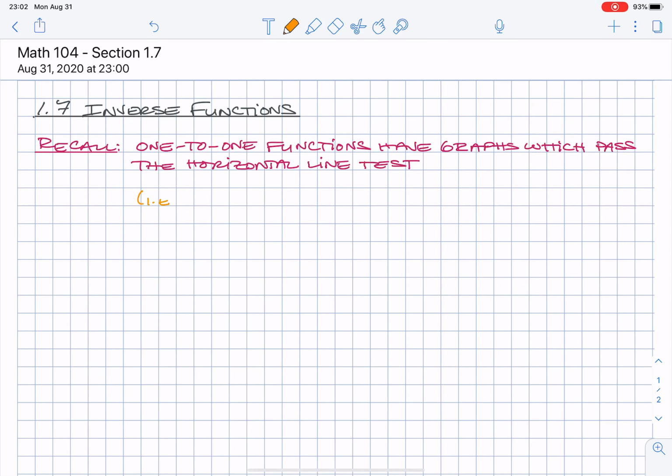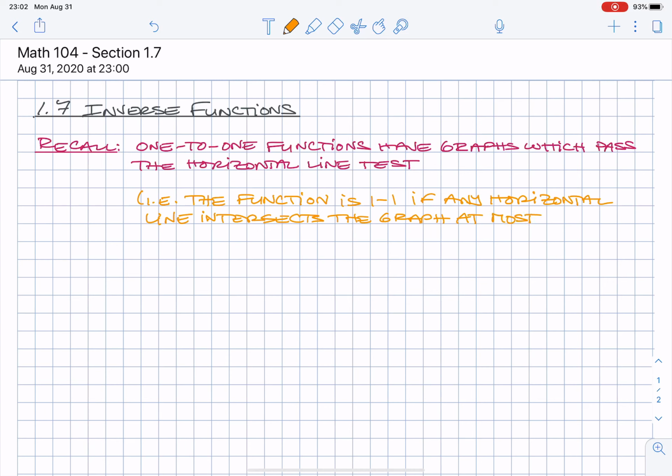So that is, the function is one-to-one if any horizontal line intersects the graph at most once.